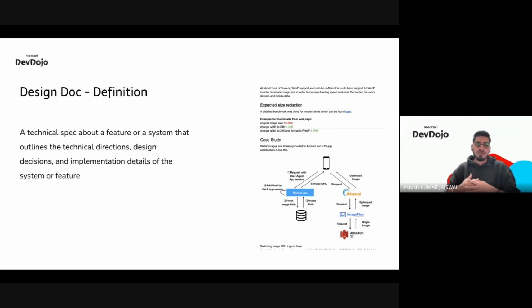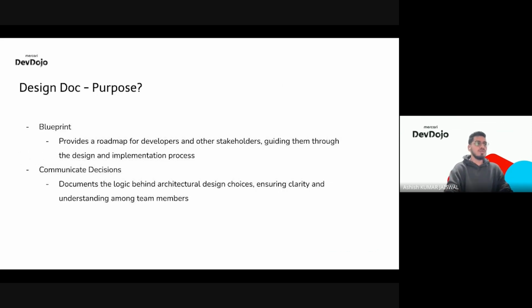I know some of you have a background in machine learning, some in client engineering, and some are joining as backend engineers. So there can be some differences in the template for each of these platforms, but more or less the concept of a design doc is the same.